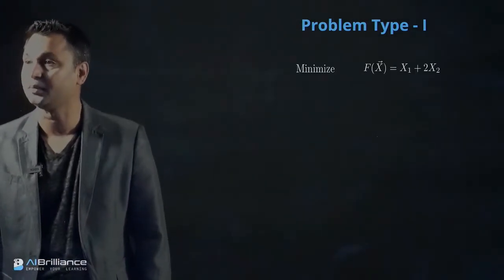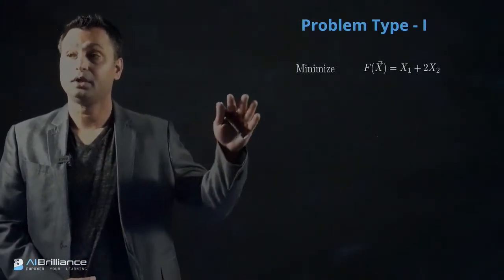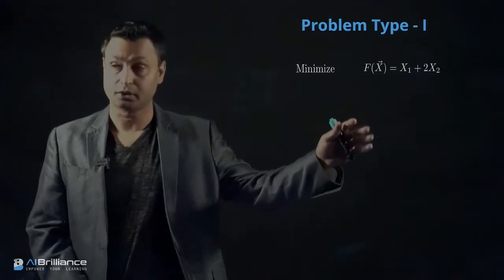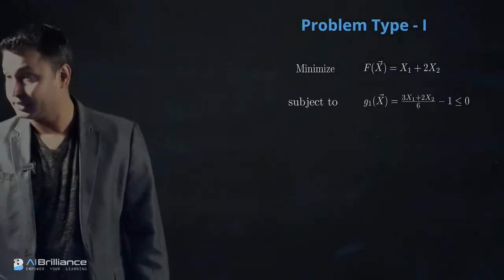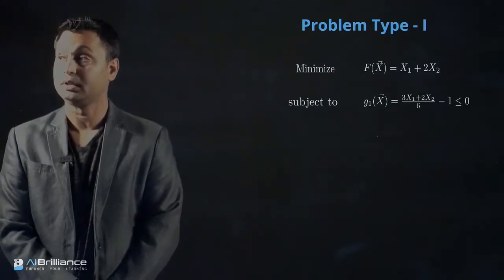So if our problem is something like this, where we have an objective function f(x) equal to x1 plus 2x1, which is what we want to minimize, and we have a set of constraints, for example, g1, which is an inequality constraint.